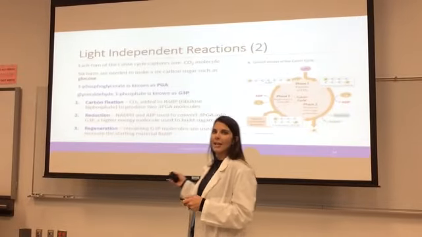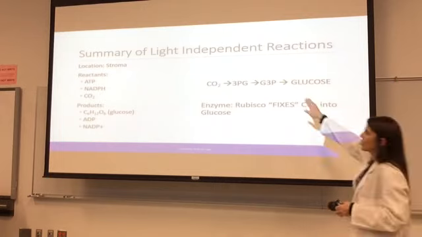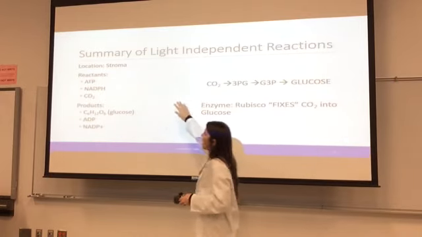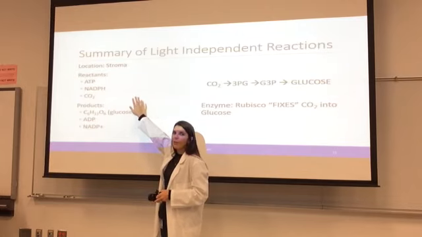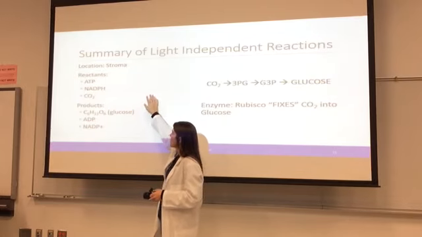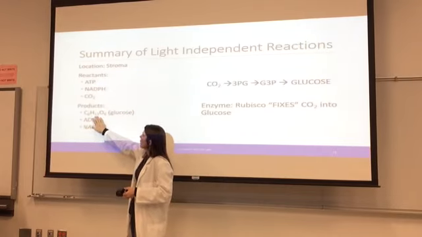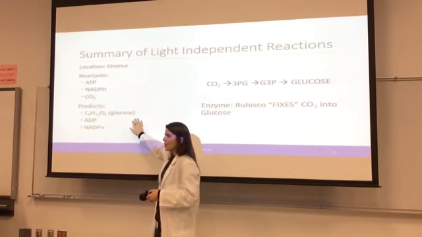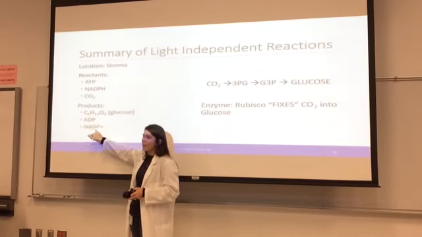So, for the light-independent reactions, here's our summary slide. The location is the stroma. My reactants are the ATP and NADPH that were provided from the light-dependent reactions, and then carbon dioxide. My product is going to be glucose, then the ADP and NADP that need to be recharged.